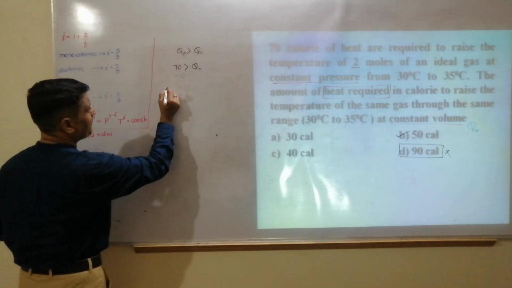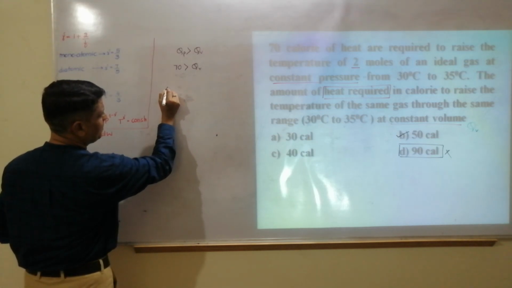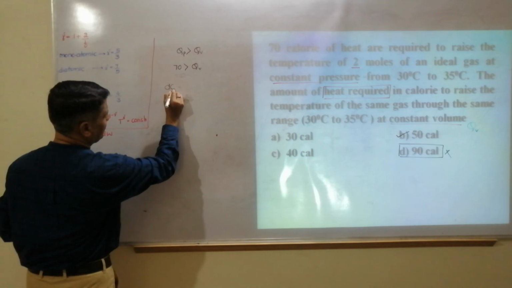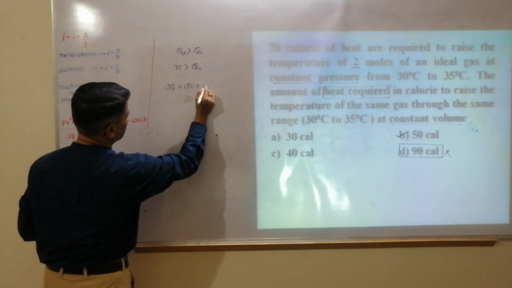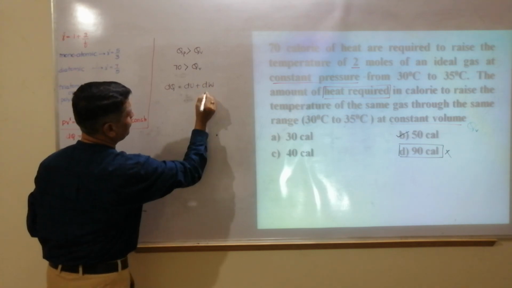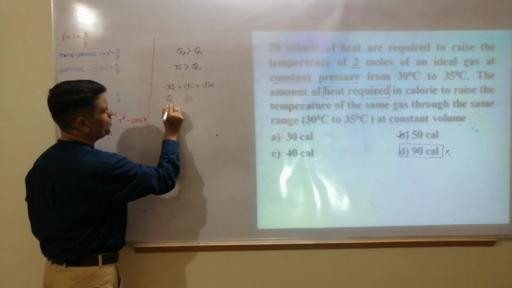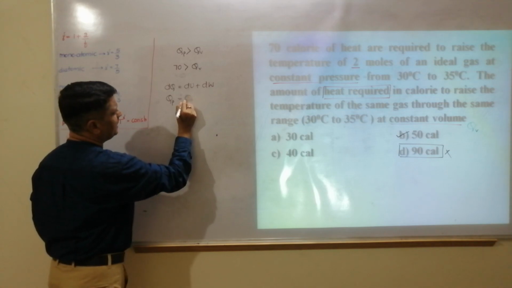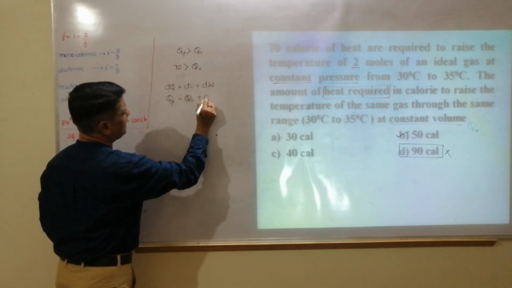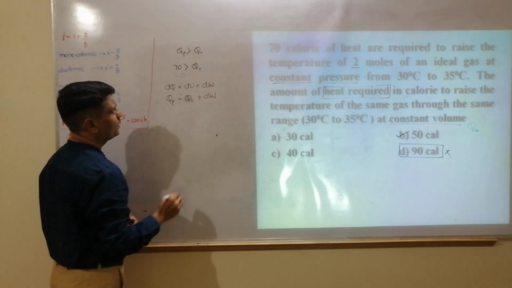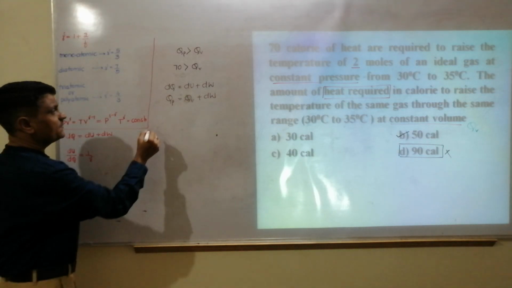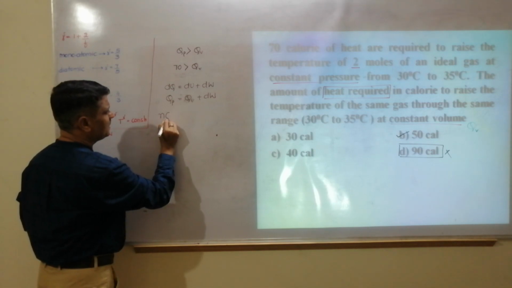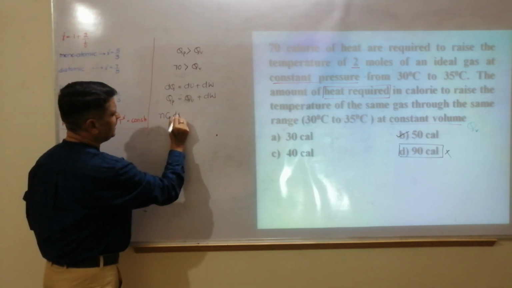And second one, for any process, just now I told, in case of the first law of thermodynamics, dQ is equal to dU plus dW. So it is like QP, it is QV plus dW. Okay, right? See, we know that QP is nCp dT.